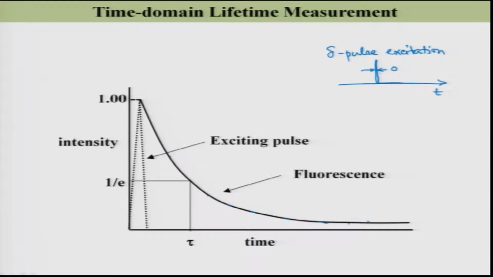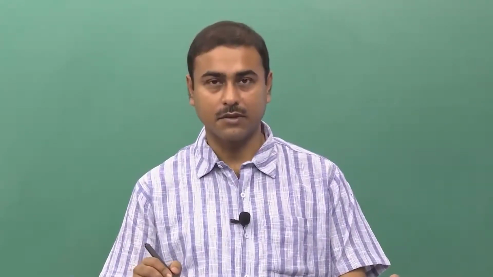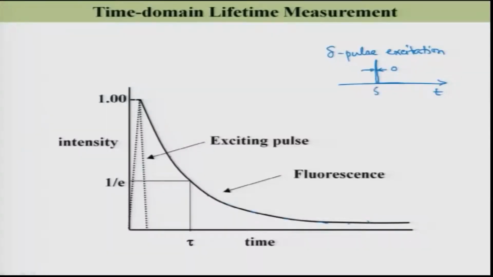This is the ideal situation, but in reality it depends on the quality of the laser, because I want to generate a light pulse as short as we can, and that cannot be generated by a normal light source like the filament bulb, xenon lamp or deuterium lamp, which we have already discussed. So we need a special type of light source to generate such a short light pulse. What is that special equipment we need? It is a laser.